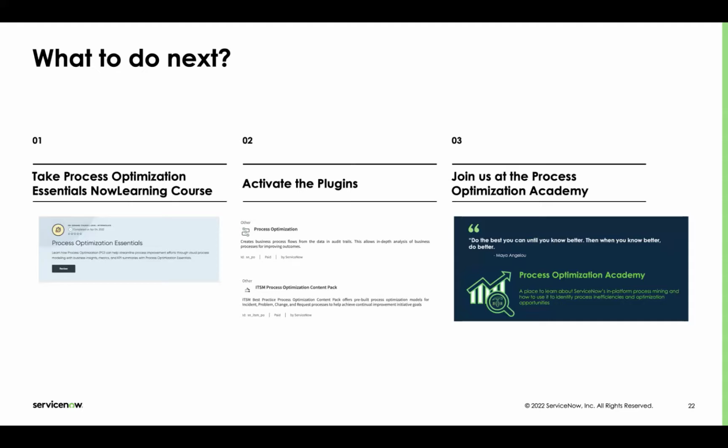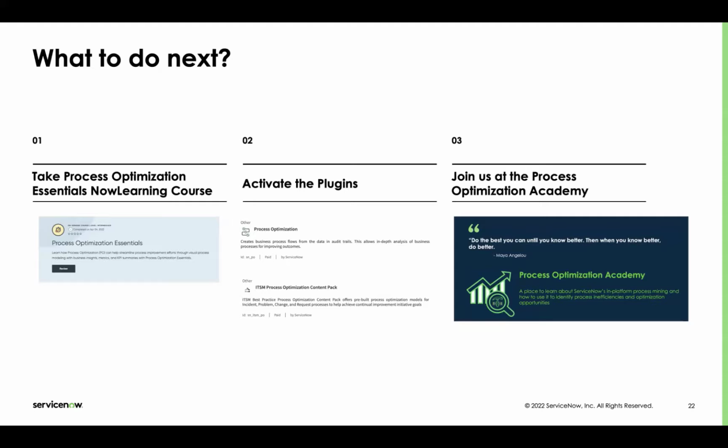And then the last piece here is I host a bi-weekly Process Optimization Academy. So every other Friday at 10 a.m. Eastern, we get together, we share a topic about process optimization, open it up for questions, and then you can bring any questions you have above and beyond the topic that day. It's kind of like an office hours session. I'm happy to do our best to answer them. Some of them we answer right then and there.